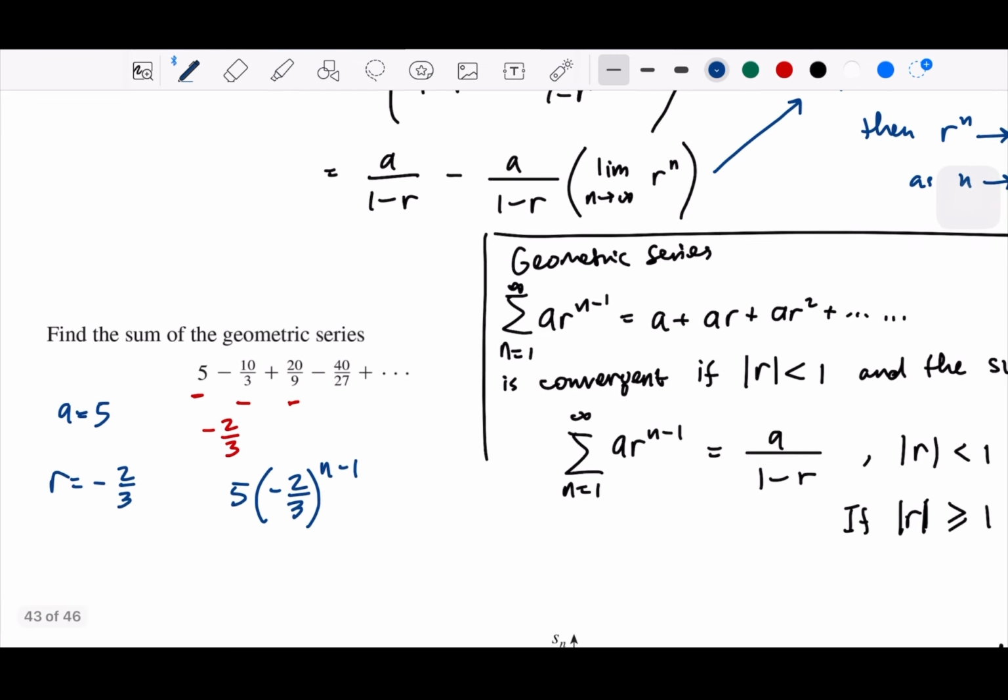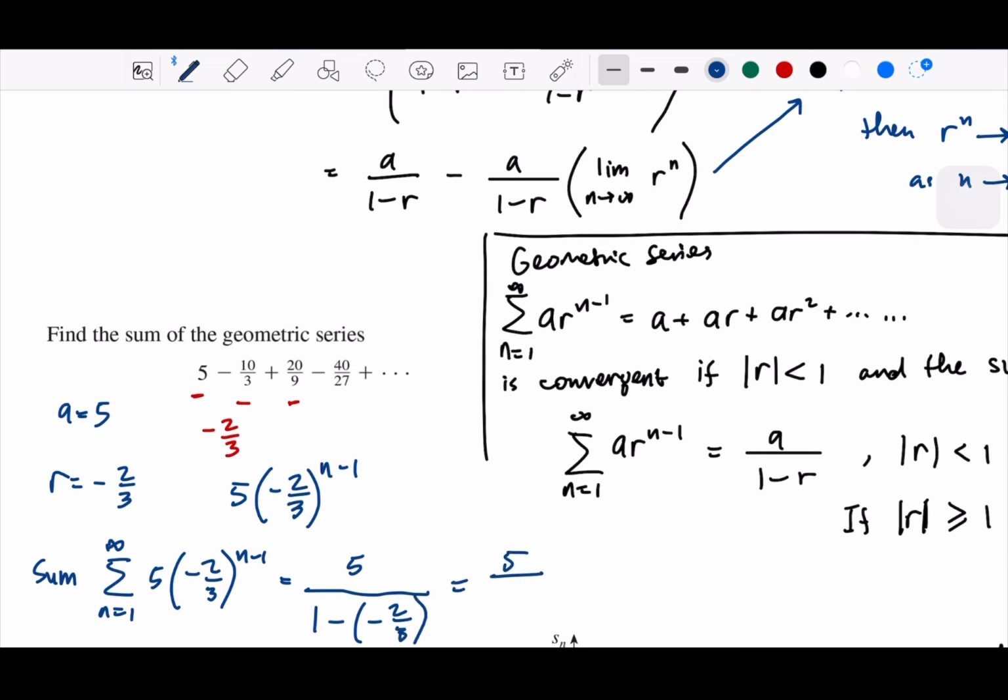And since the ratio is less than 1 in absolute value, which means that the sum is the first term, the 5, over 1 minus the ratio, so 5 over 5 over 3, which is 3.